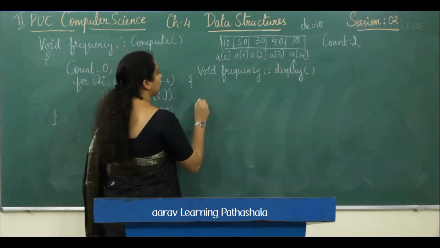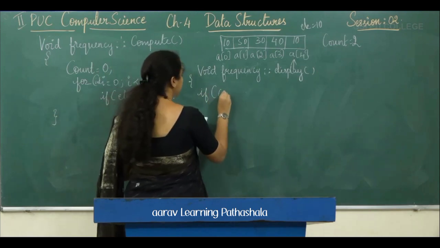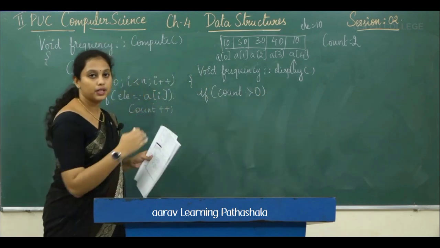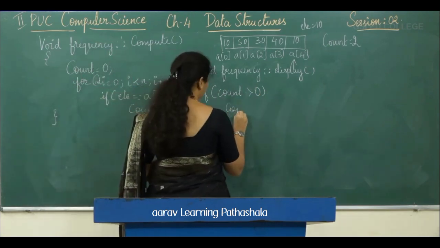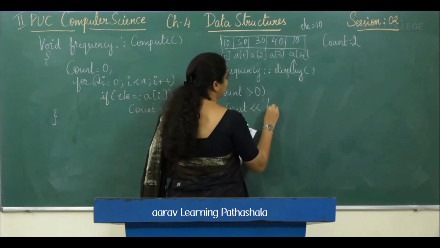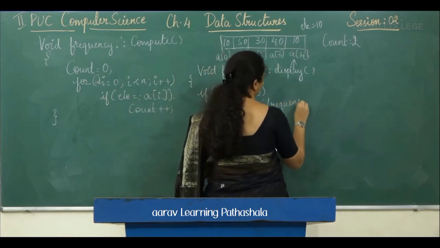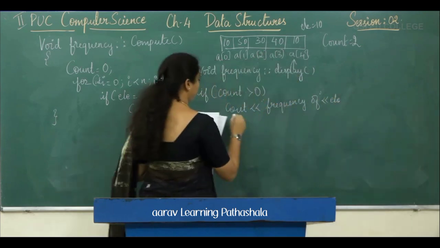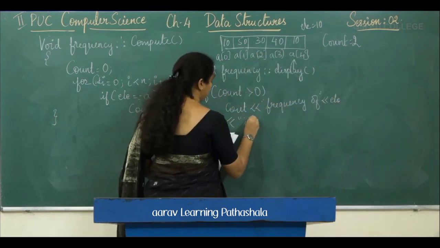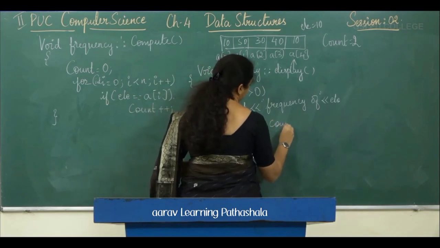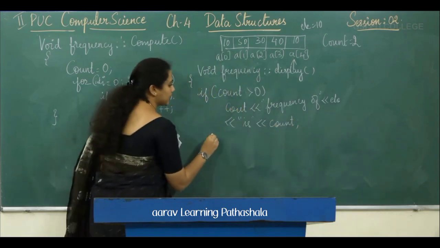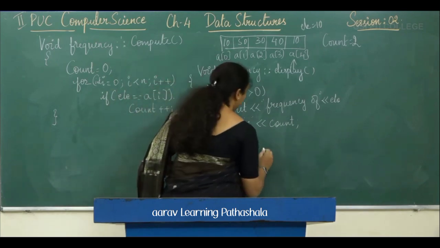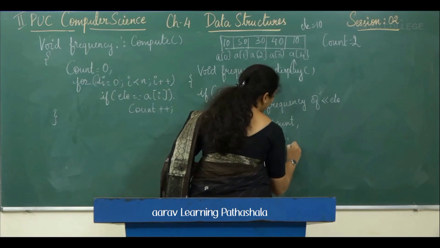If count is greater than 0, we have to print frequency of element is count, else cout: element is not found.